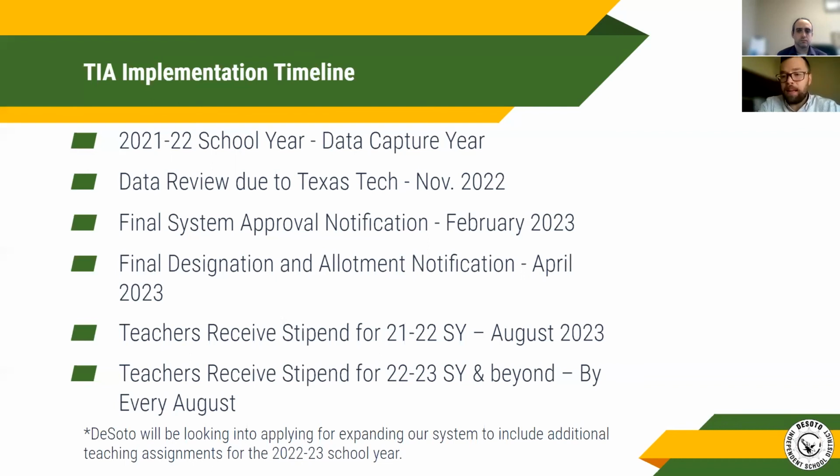Now, that does seem like a long time, and that is only because this is the first year that DeSoto ISD is doing this. But after that point, every other payout would happen after the school year concludes. That would happen that following August or September. And so that's just going to be on a cycle.